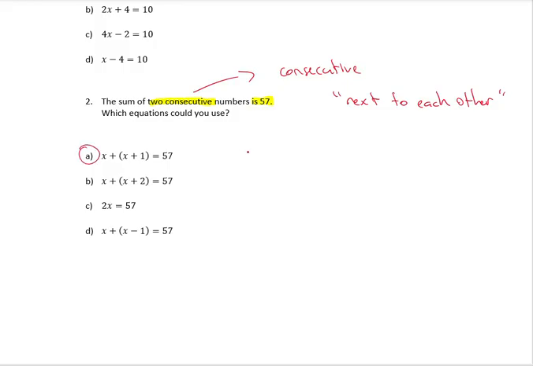So it would be this one, because if I let x be the first number, and we've defined that consecutive means next to each other, then x plus 1 will become the second number. And because the keyword is sum, you are adding them. So x plus 1 equals 57, okay?